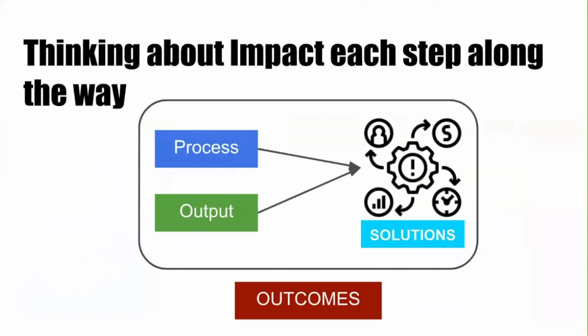What actually matters in the end is whether or not those were impactful, whether they were actually able to get you to the solutions and the outcomes that you're looking for ultimately. So it really matters what the quality of the work is that you're putting together.